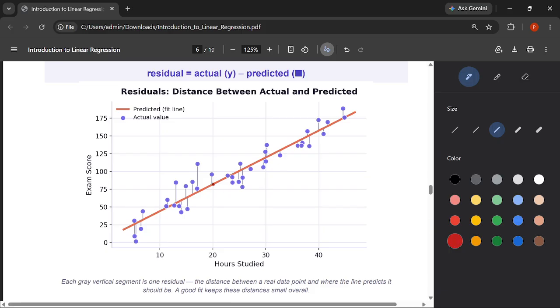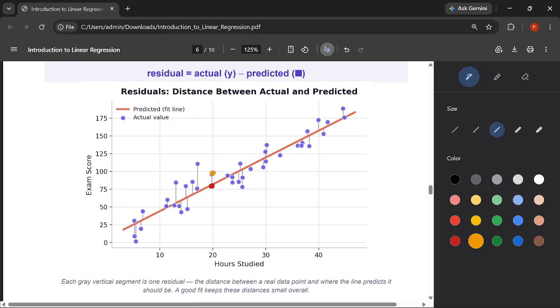Our predicted value becomes near about 80. But I scored more than 80, and let's suppose I scored 100.